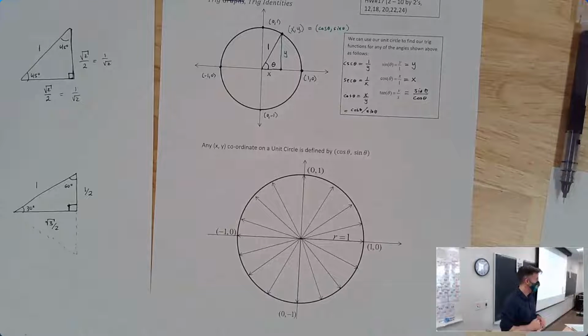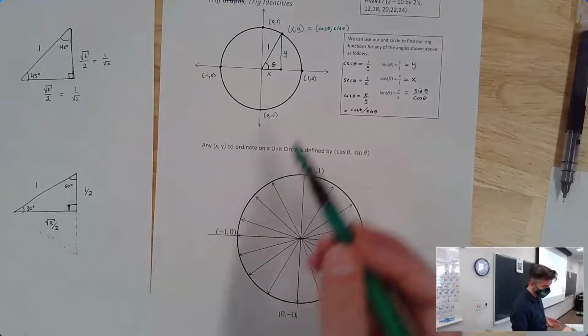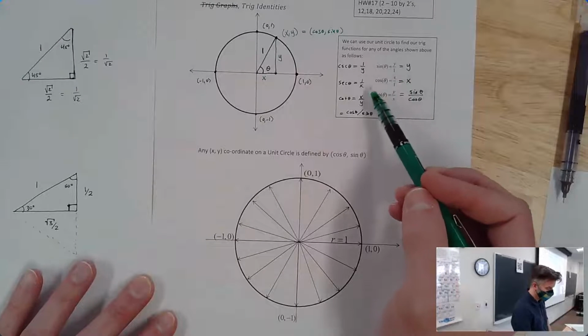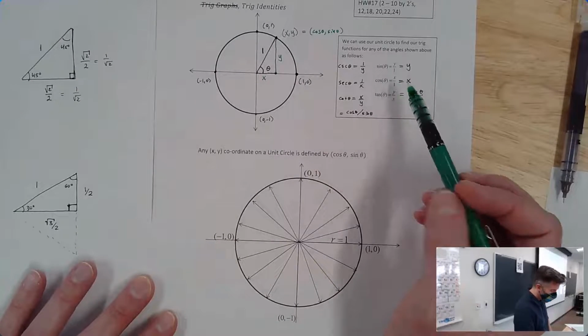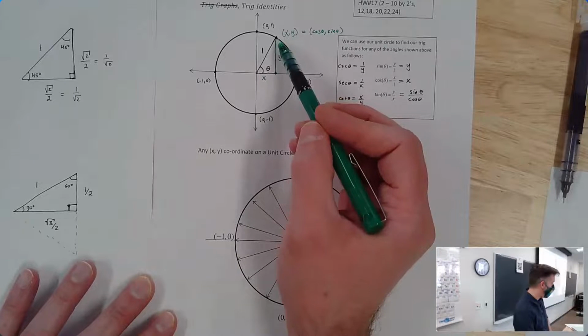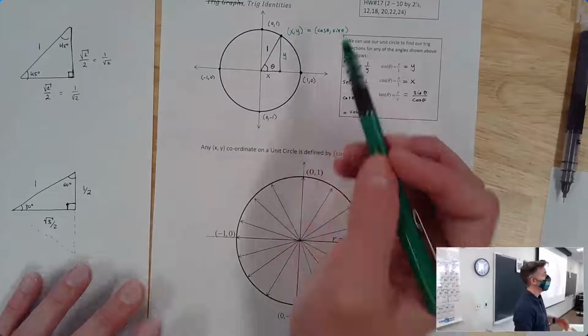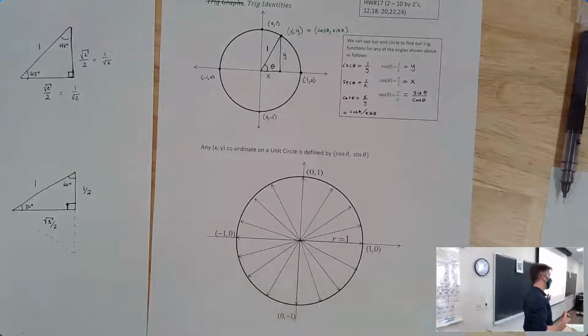So if it was a different number than that, it would be the number. Right. So if the radius wasn't 1, then sine would be y over whatever the radius was, and cosine would be x over whatever the radius was. So this nice fact that the coordinate on the circle is equal to cosine theta, comma sine theta is only true if the circle has a radius of 1.